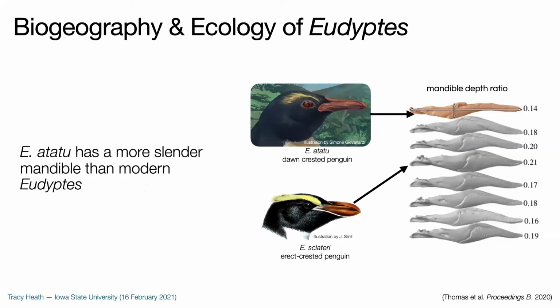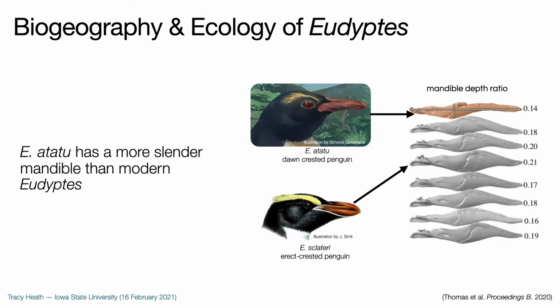Additionally, in their description of this fossil, Daniel Thomas and Dan Sepka recognized that while the bill morphology of this dawn-crested penguin was really similar in overall shape to other Eudyptes species, the width of its bill is much more slender than the living taxa.